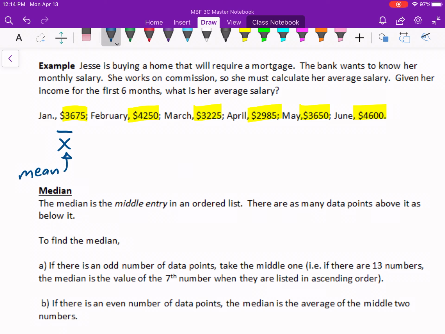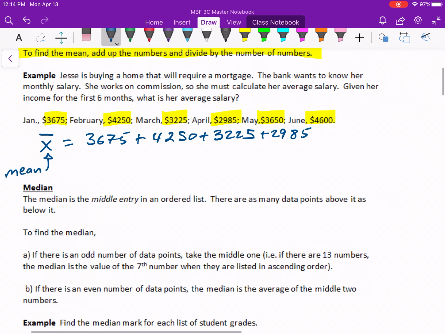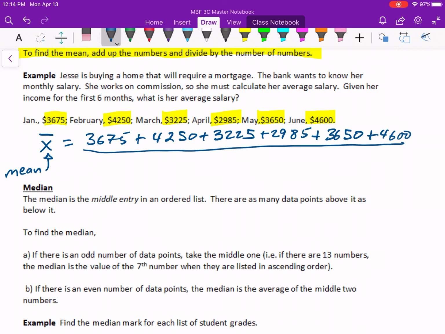So we're just going to add up 3, 6, 7, 5 plus 4, 2, 5, 0, etc. And we're going to divide them all by 6 because it's the first 6 months of the year, or the last 6 months, let's say.